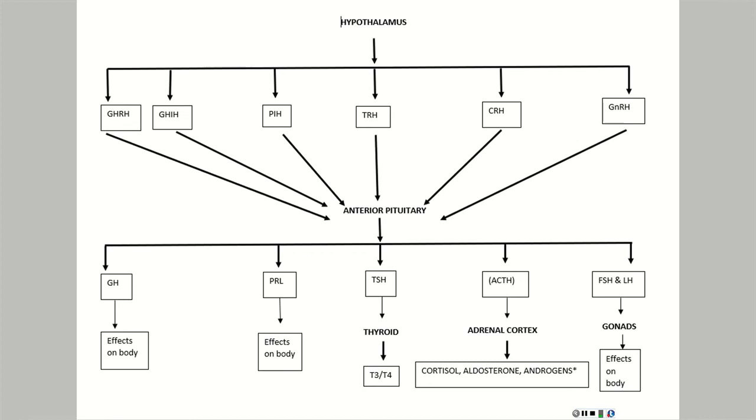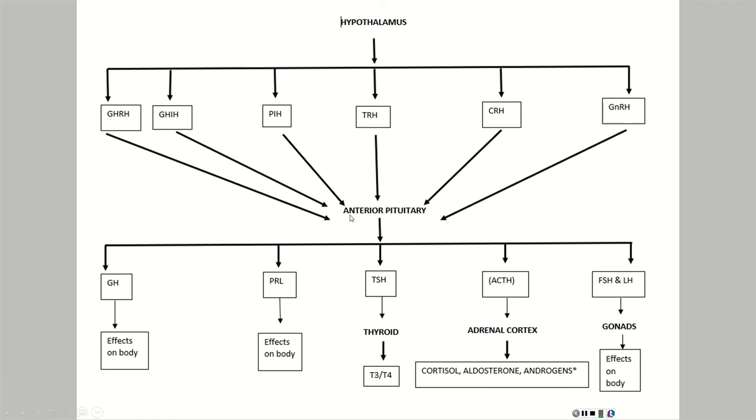So primary hyperthyroidism or primary hypothyroidism. But if it's a problem with the anterior pituitary gland, it's a secondary condition. So that would be secondary hyperthyroidism or secondary hypothyroidism. That tells us, yes, the thyroid is making too much or too little, but it's because of the anterior pituitary gland.